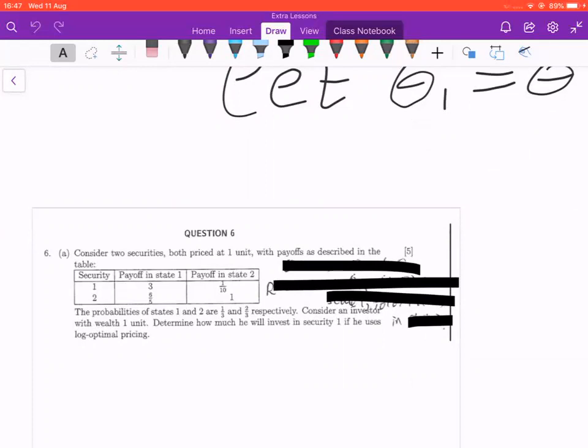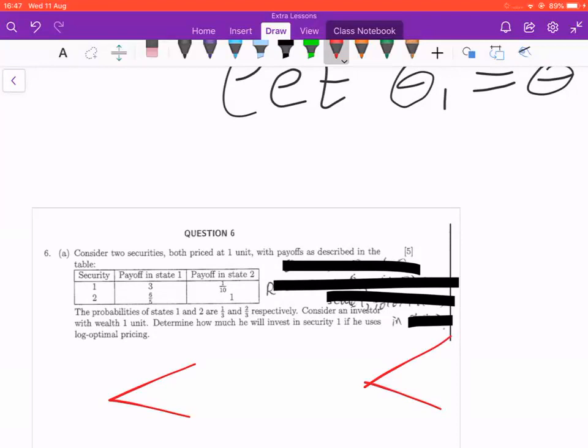So, consider two securities. Kenny, I'm not sure if you still remember the last question where we had to make our portfolio choices. They both have the timeline, but you should look at how they ask the question.